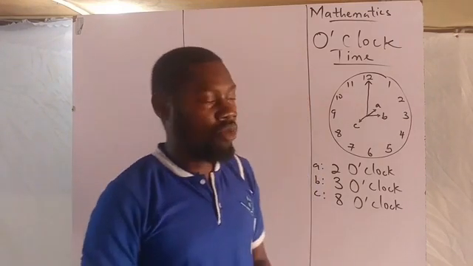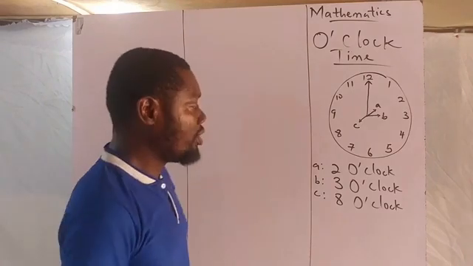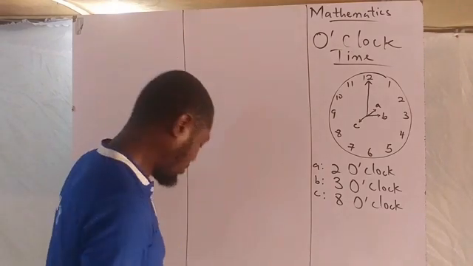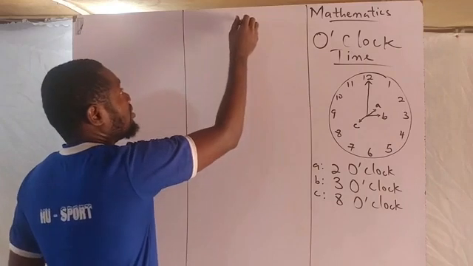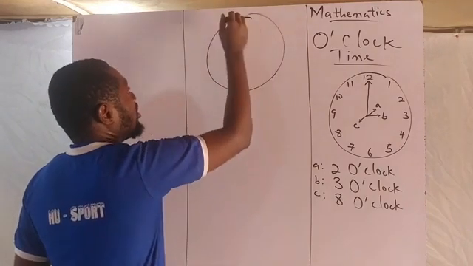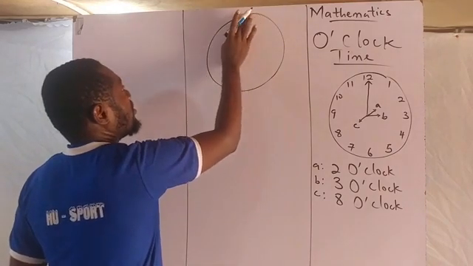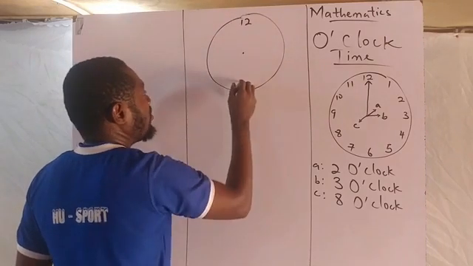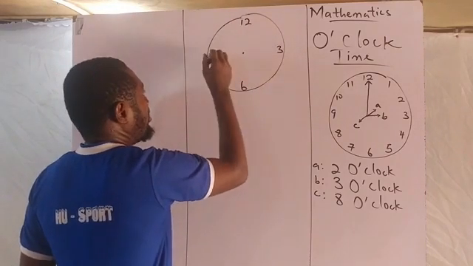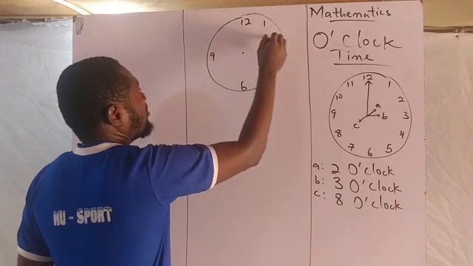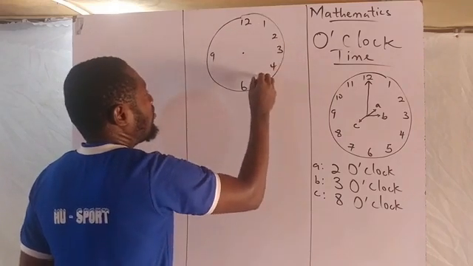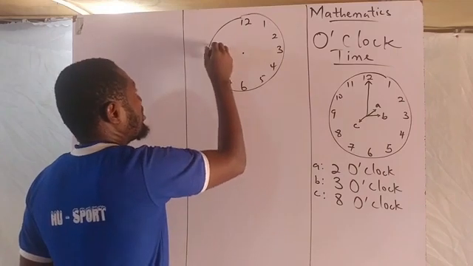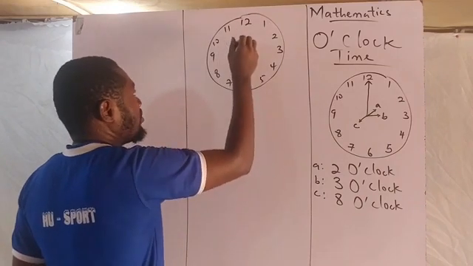So I will give you some work to do for me. You forward your answers to me. Here is your clock. You have your dot, 12, 6, 3, and 9, then 1, 2, 4, 5, 7, 8, 10, 11.